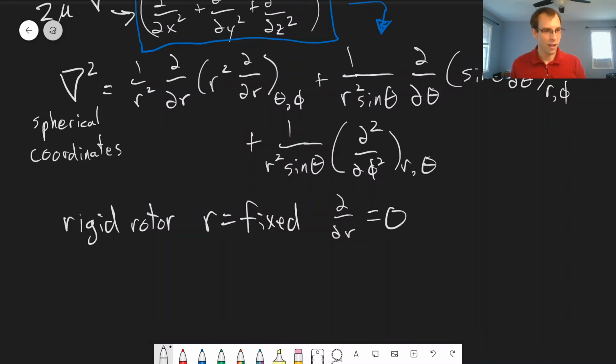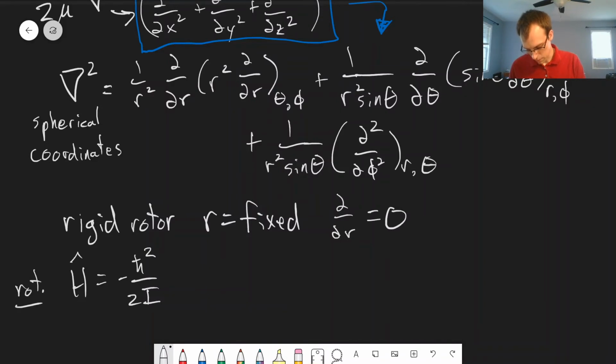So our Hamiltonian here will be equal to negative h bar squared, and this is for our rotation, negative h bar squared over 2 mu. We'll switch to I in just a second. And then we have all of this.